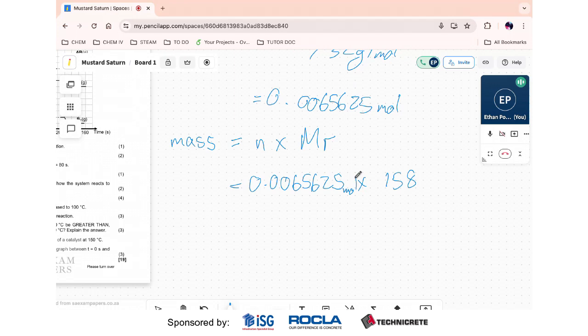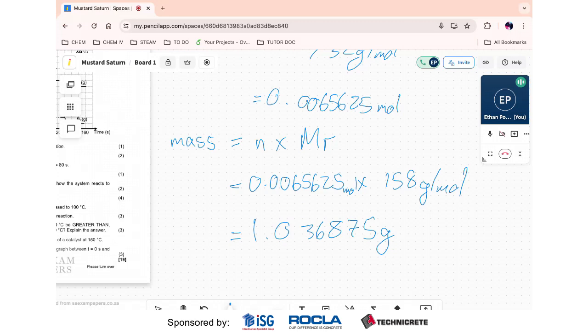So this was in moles, and grams per mole. You can see that our units of mole cancel and we'll be left with grams. So multiply that by 158 and we get 1.03875. And we're not going to drop any significant figures just yet. So this is grams.